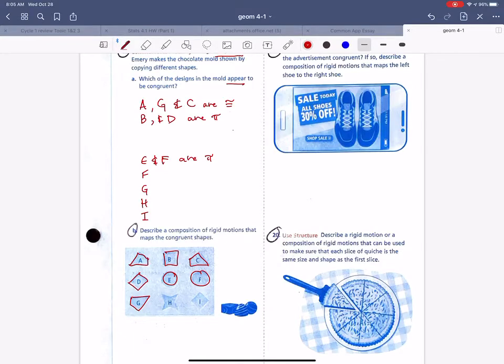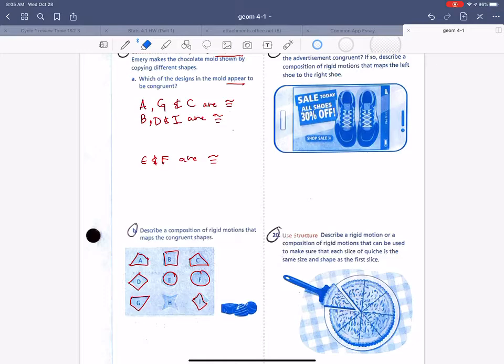And H and I, ooh, we forgot I. So it looks like B, D, and I are congruent. I put a pi symbol there, not a congruent symbol. What am I thinking? All right, and I think that's everything.